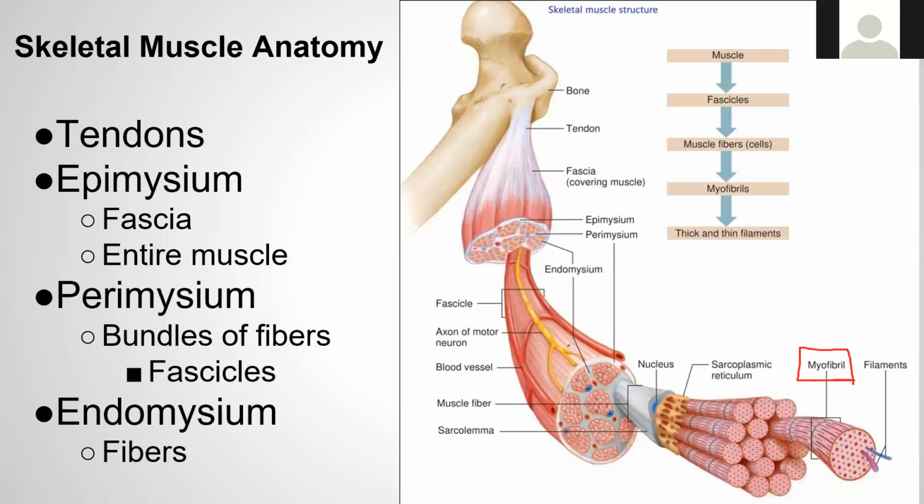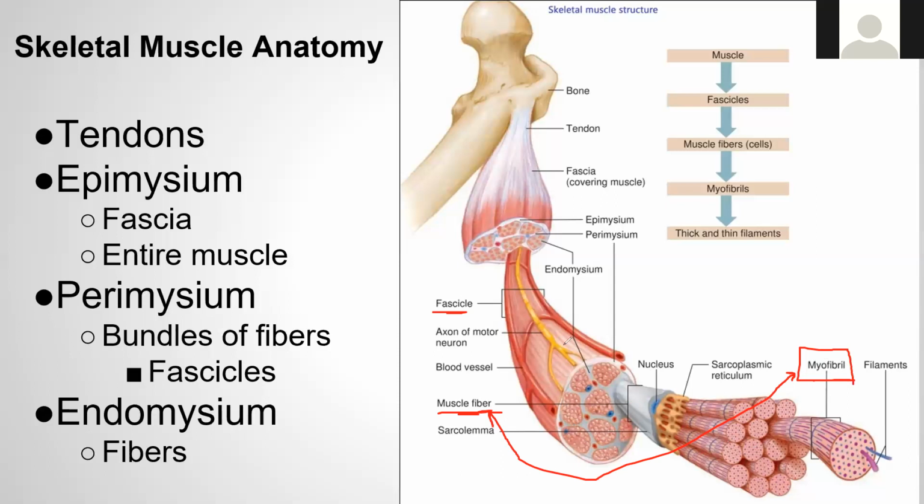So if you have a fascicle being a bundle of muscle fibers, and a muscle fiber being an individual cell, bundles of myofibrils are what make up the muscle fiber itself. When you have bunches of myofibrils together, they all come together to form the actual muscle fiber, or the muscle cell.